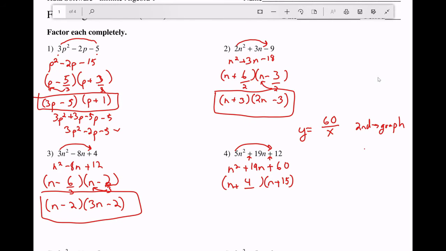All right, so I'm going to divide this by 5 here, and 5 doesn't go into 4 evenly, so it's going to be 5n plus 4. And for the last one, 5 does go into 15 evenly, so it's going to be n plus 3. Okay? All right.